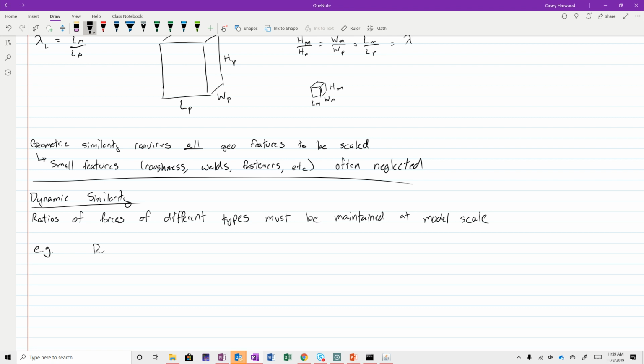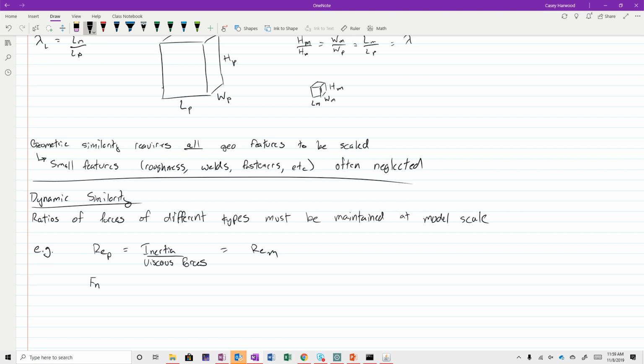So if at prototype scale we've got some Reynolds number, which represents the ratio of inertia to viscous forces, this needs to be maintained at our model scale.